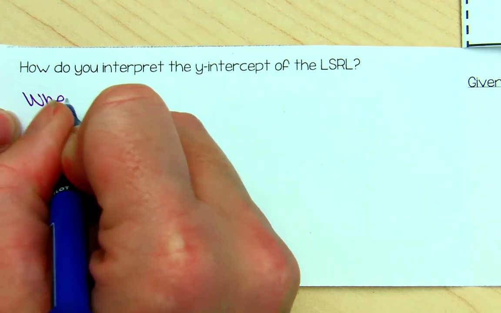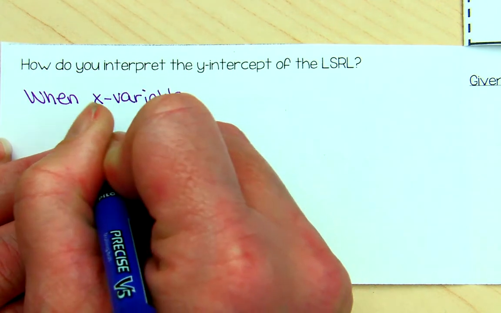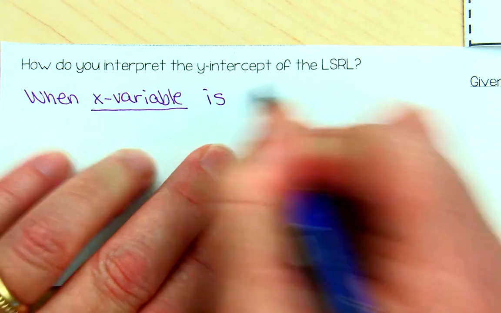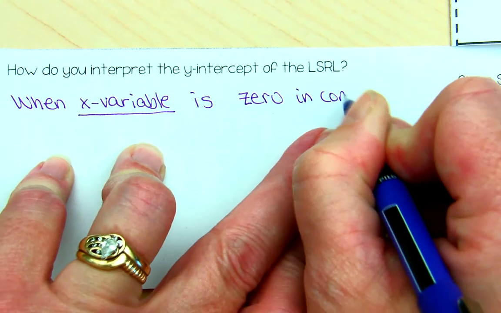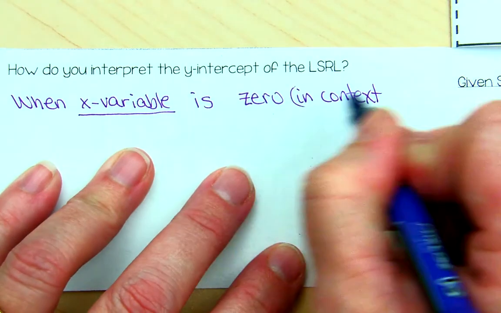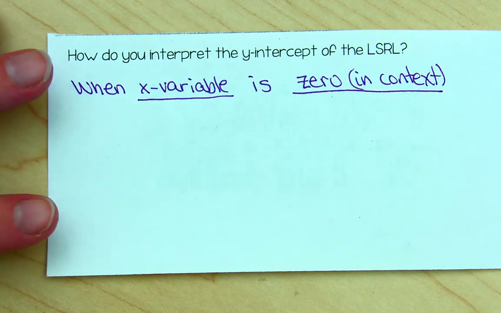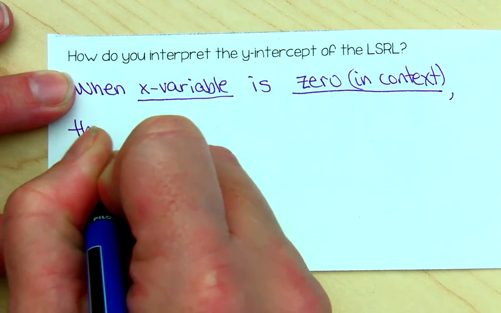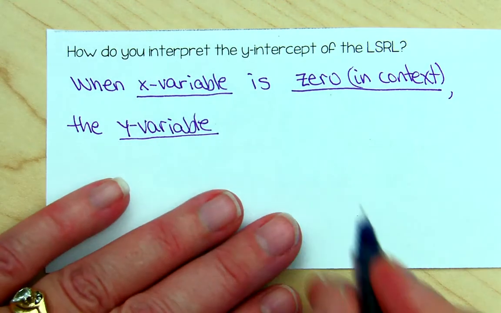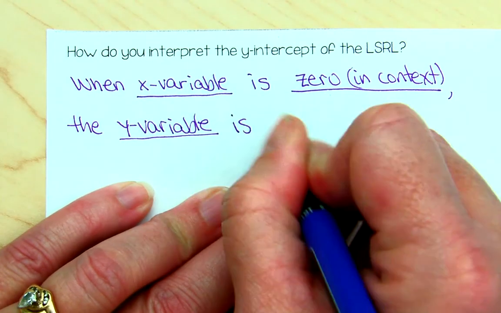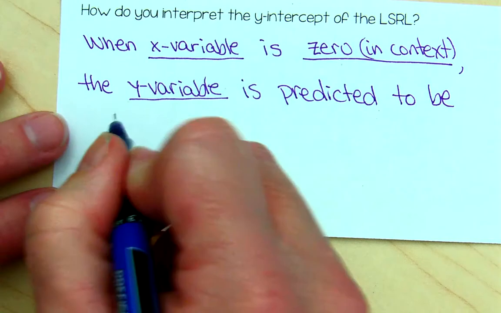So when the x variable is 0 in context, the y variable is predicted to be the y-intercept value.